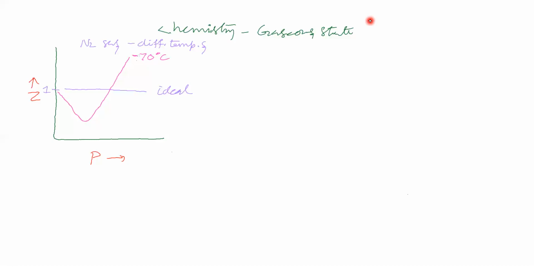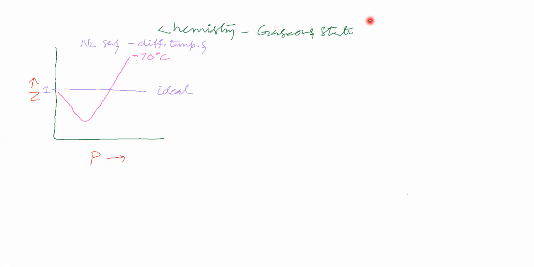Sorry. Here, what are the terms that are constant? One is number of moles, and the other is temperature. For this graph, temperature is constant. This graph is completely drawn at minus 70 degrees Celsius.